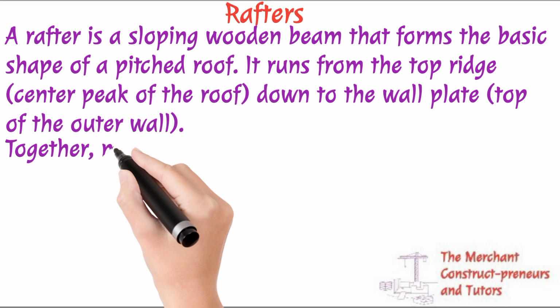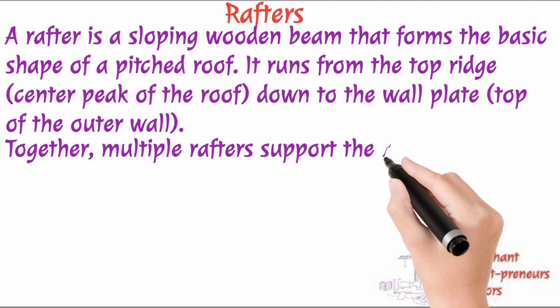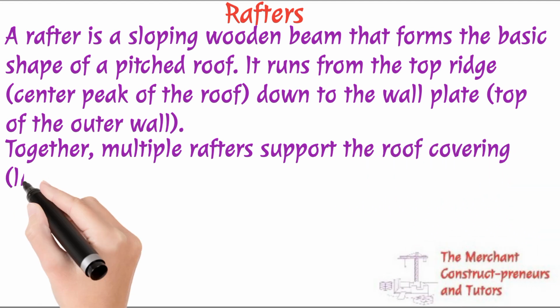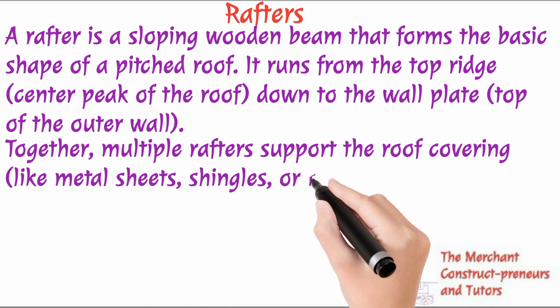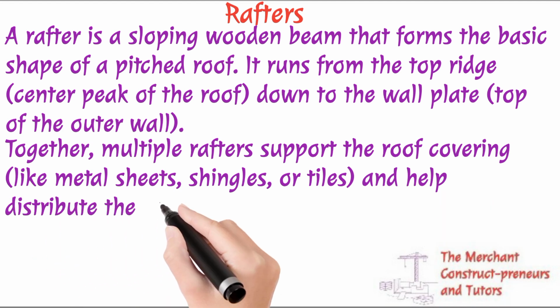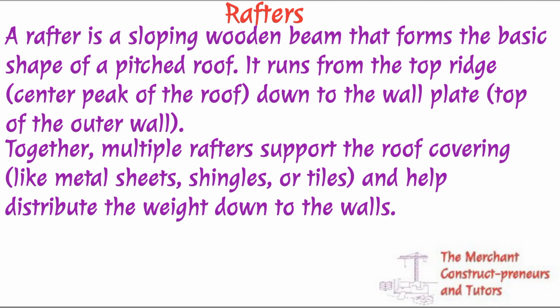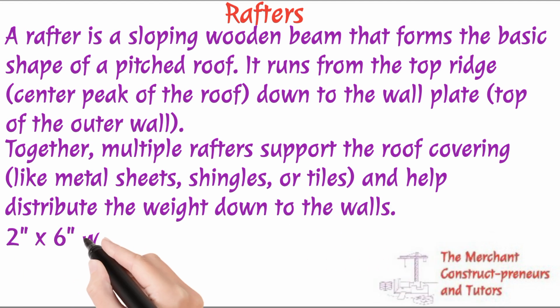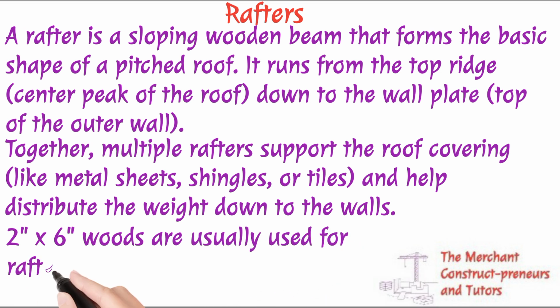A rafter is a sloping wooden beam that forms the basic shape of a pitch roof. It runs from the top ridge, that's from the center, down to the wall plate extension, like the tie beam. Multiple rafters support the roof covering, like metal sheets or shingles.